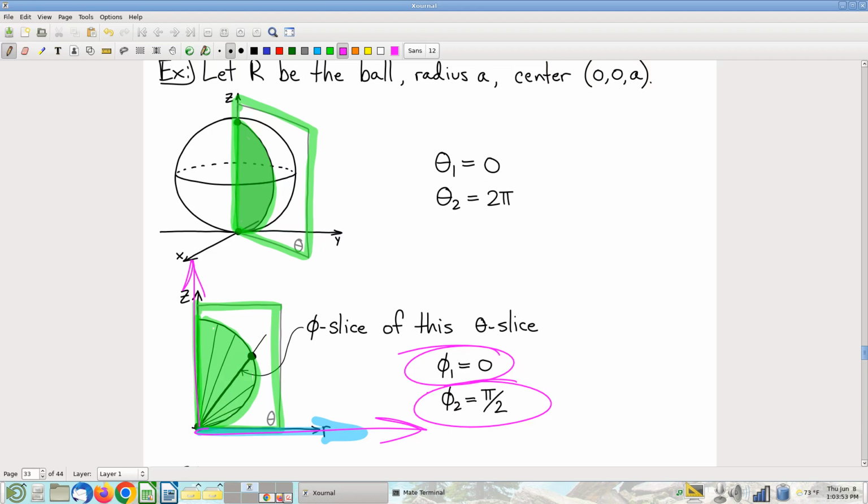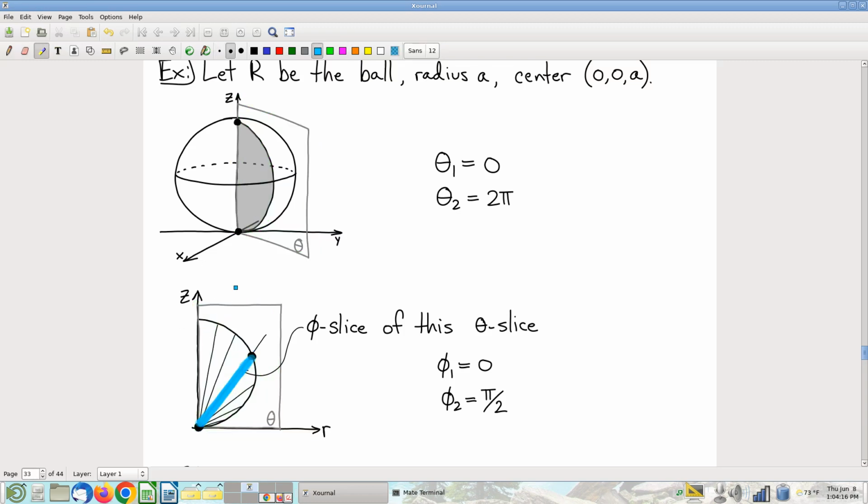Everybody see that? Okay. All right, so we have a phi slice. Now we focus on this. We had a theta slice. Now we focus on this phi slice of our theta slice.